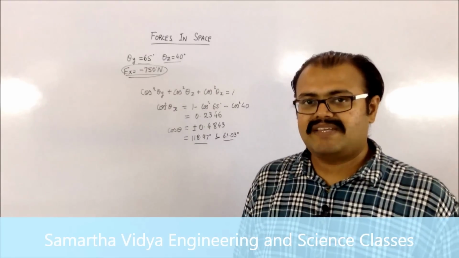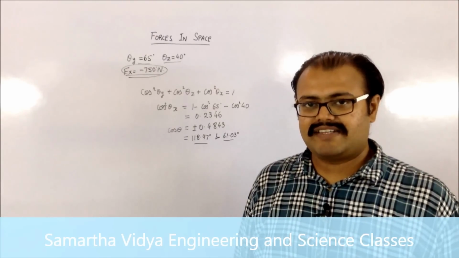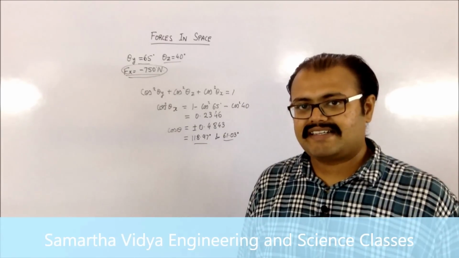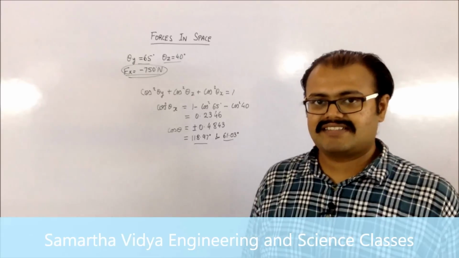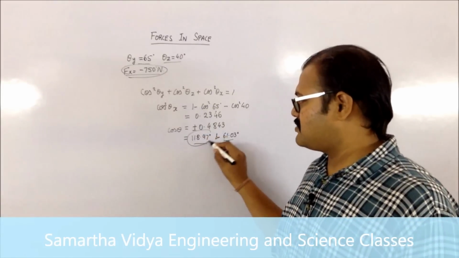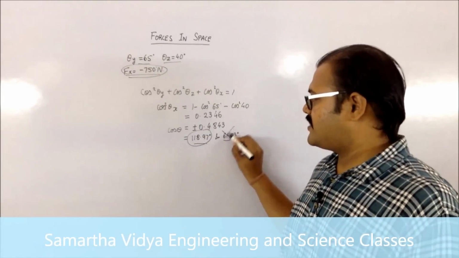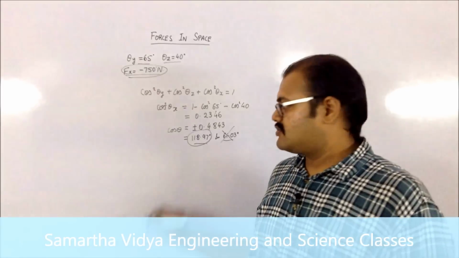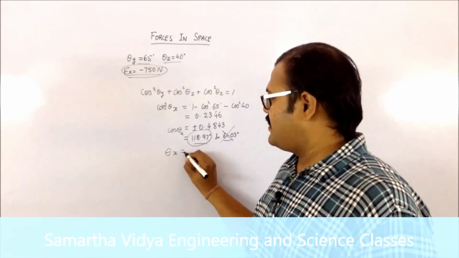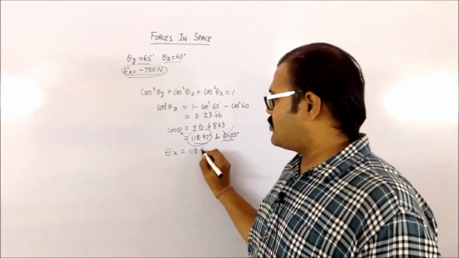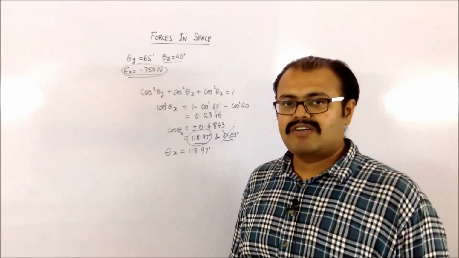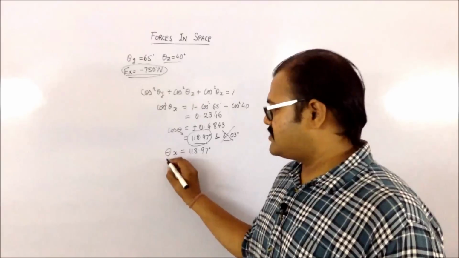Now if it has to be along the negative x-axis, then the angle which it should make with the positive x-axis should be more than 90 degrees. So that is why we have to go for this and ignore this angle. So my theta x will be equal to 118.97 degrees.